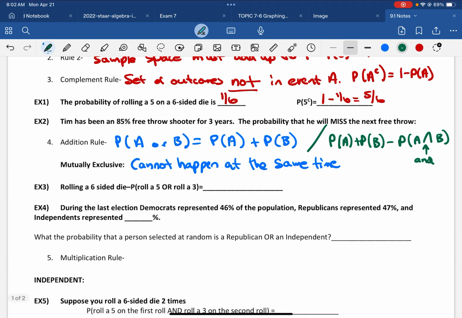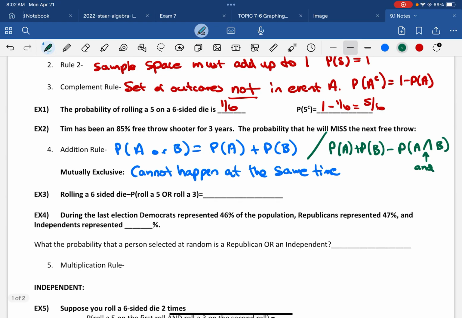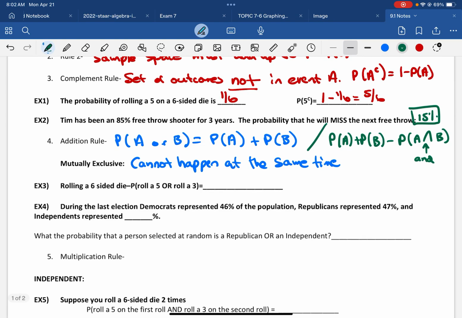Okay, so example 3. Oh, we forgot to answer example 2. The probability he misses the next free throw is 15%. So if his make percentage is 85%, the probability he misses is 15%. So let's look at example 3. Rolling a 6-sided die, what is the probability you roll a 5 or you roll a 3?